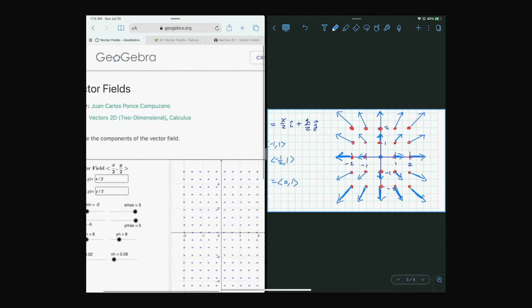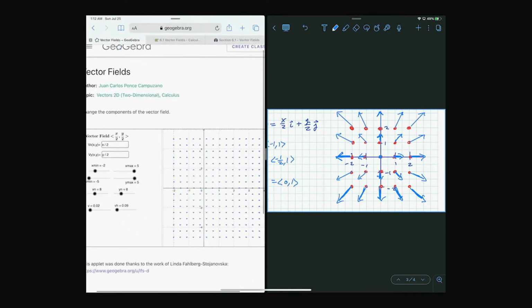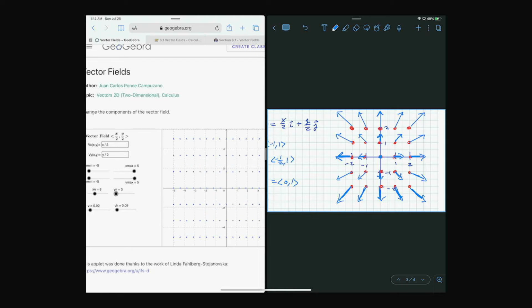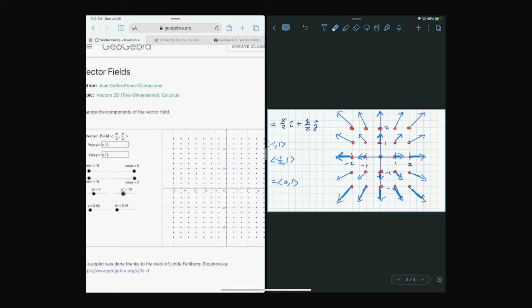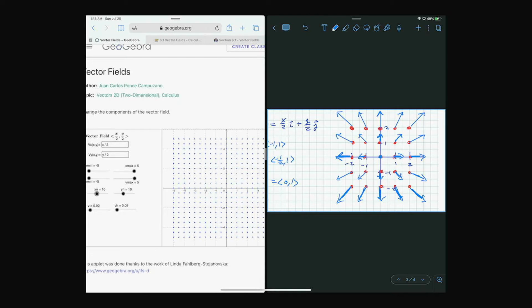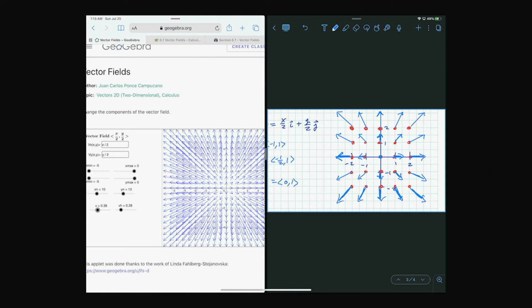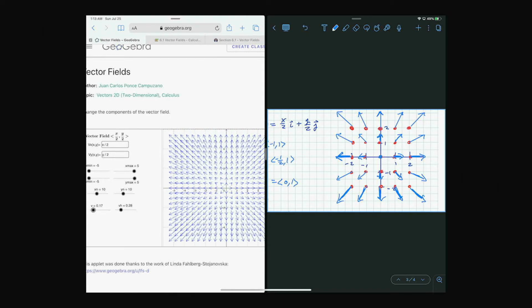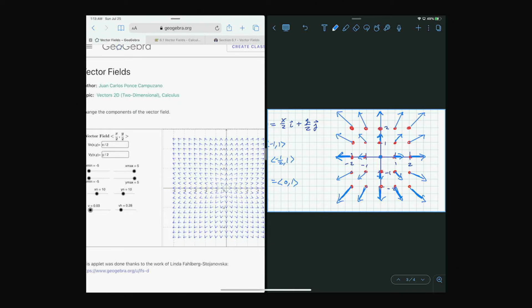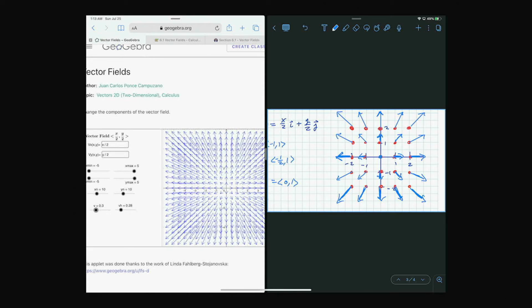Okay, now I can. So I did like this one. On the iPad, it's not as nice as on a computer. What I did like about this one is you can tell it how to space out the values in your grid. And then also you can control how it plots the vectors, in terms of length, with the different sliders. And also you don't have to refresh the page to do a new function.